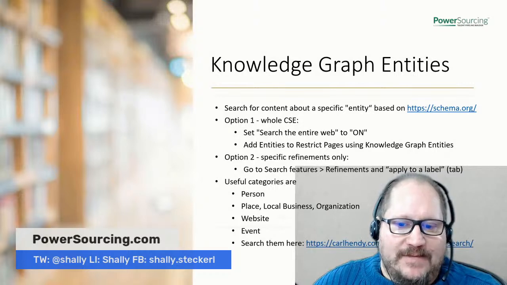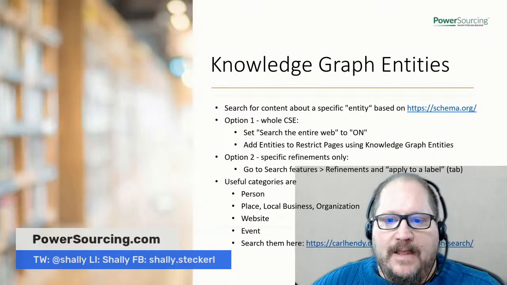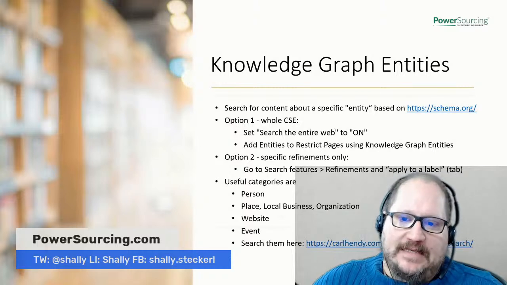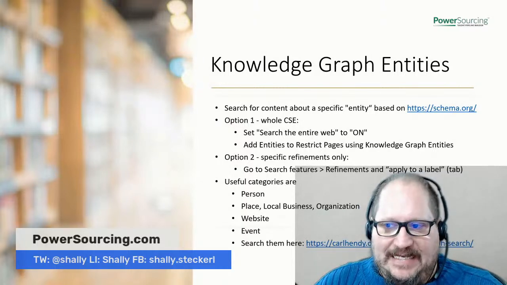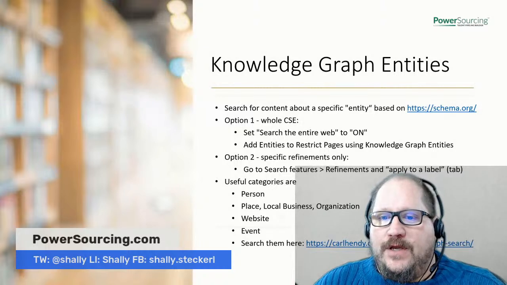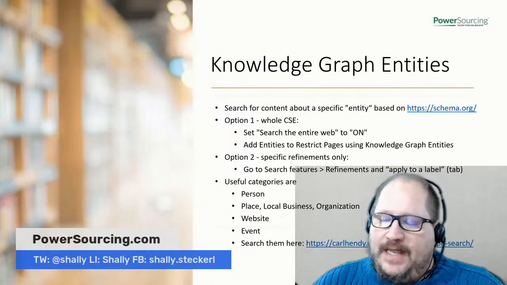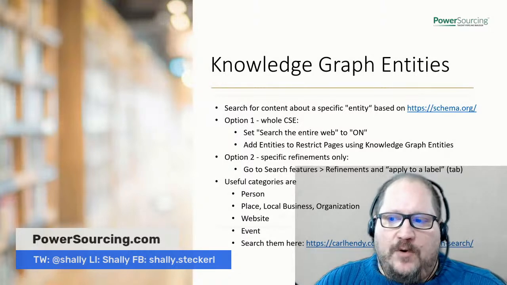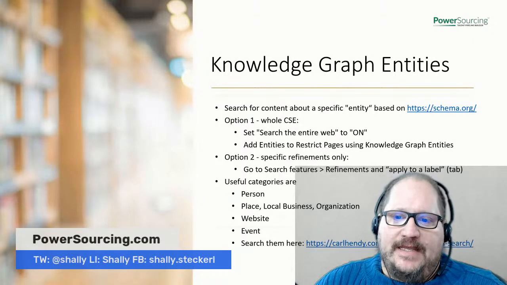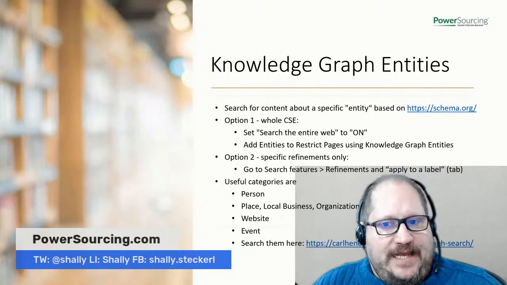I call them categories, or perhaps they're better off as entities like Google calls them. And you can do this in 2 different ways. You can use Google's knowledge graph entities, or you can use the schema.org construct. But both of them, in true Google fashion, have caveats, and both of them have been implemented differently inside of a custom search engine than they are externally to others.